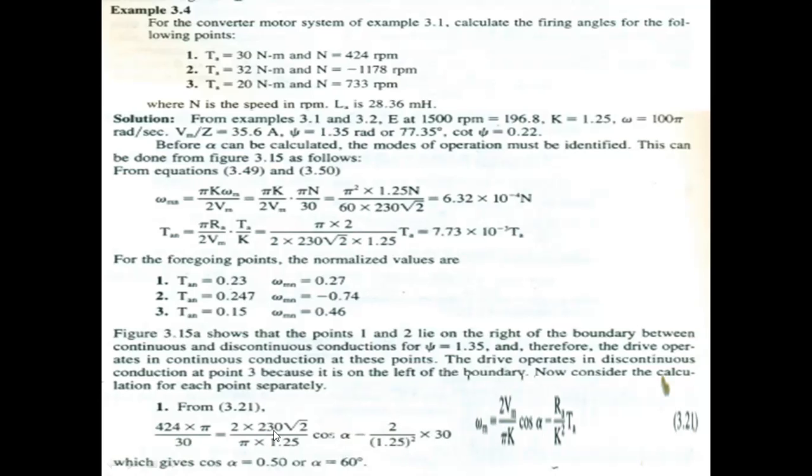So after that you are getting this part. From here, cos alpha is equal to 0.50. From here, alpha is equal to 60 degrees. Clear? This is the alpha value for the first problem.